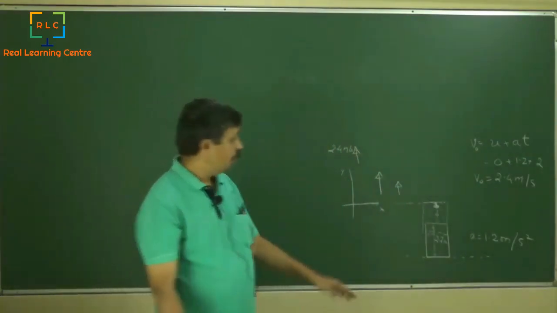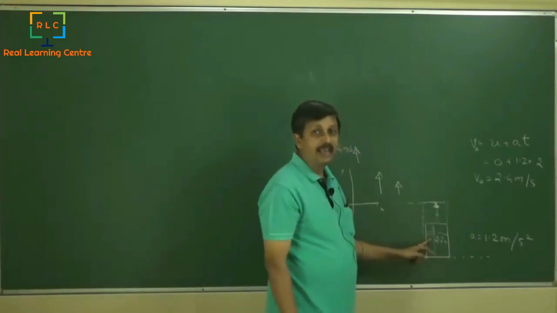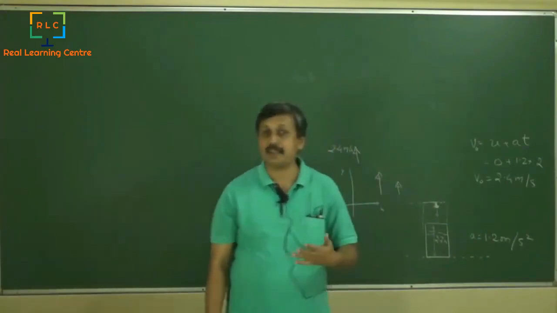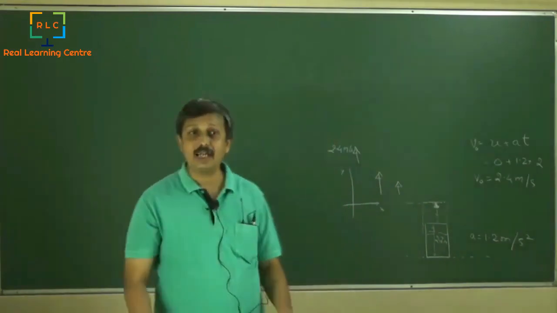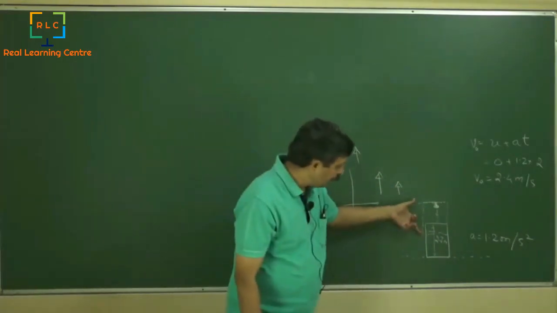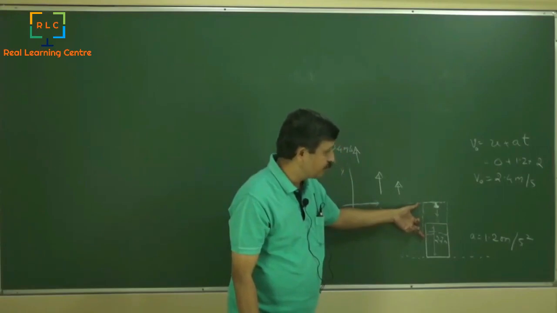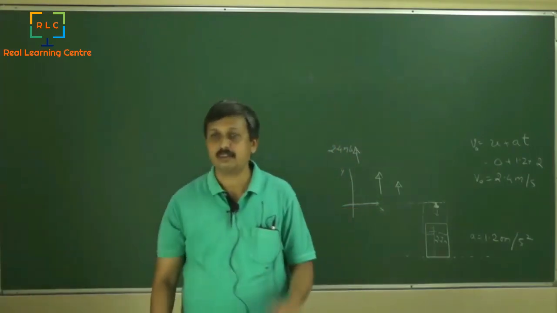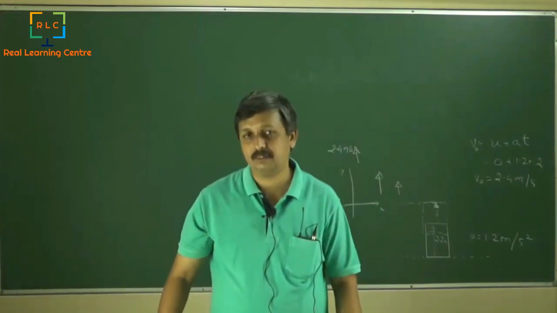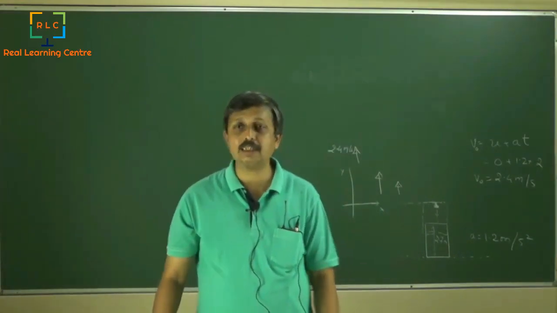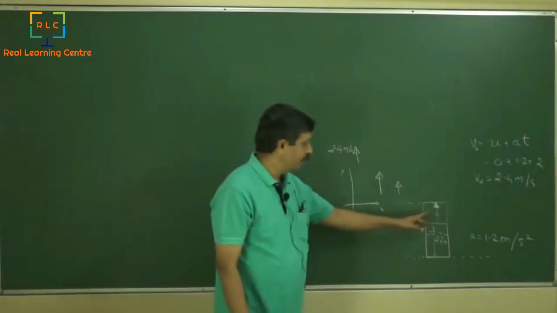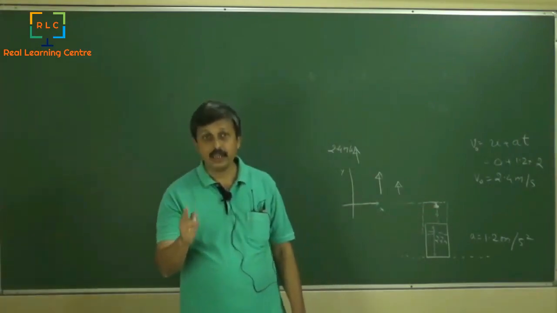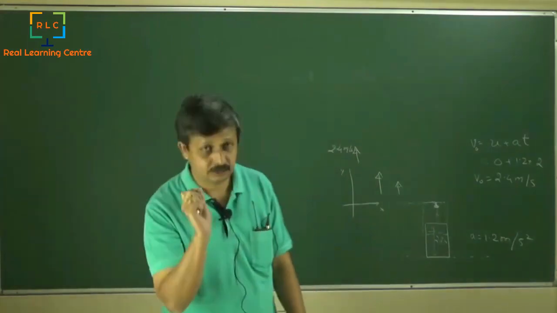Correct? Now for it to hit the ground, actually it doesn't hit the ground. It stays there and the ground hits it. It doesn't matter. As far as we are concerned, the total distance of 2.7 meters to travel, how much time the lift took, that you calculate first. And that would tell us basically how much time it takes for it to hit the ground. Did you understand? Okay. Now calculate quickly and tell me how much it is.